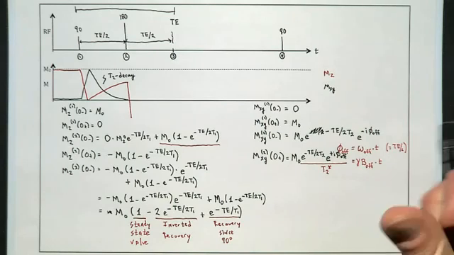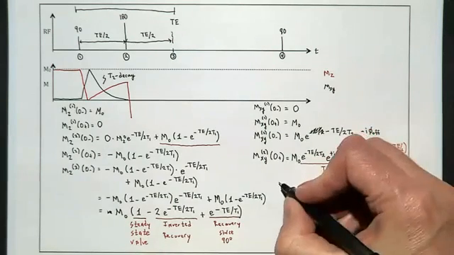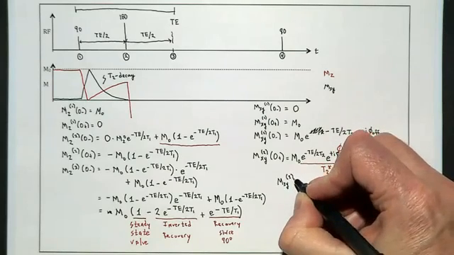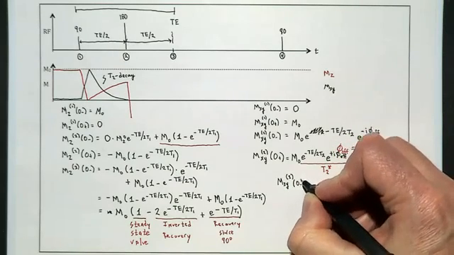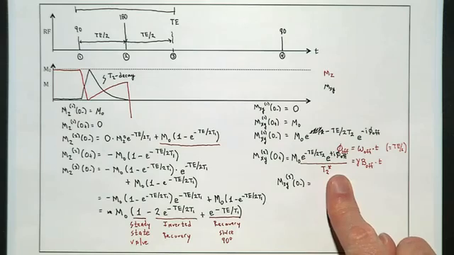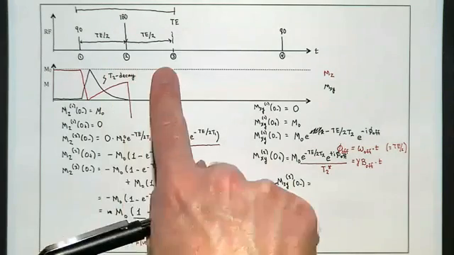And so for that, I got to make myself a little bit of space. The MXY at time point 3 needs to look like the magnetization that I had just a second ago, but I will have additional, let's see, I'm going from time point 2 to time point 3.